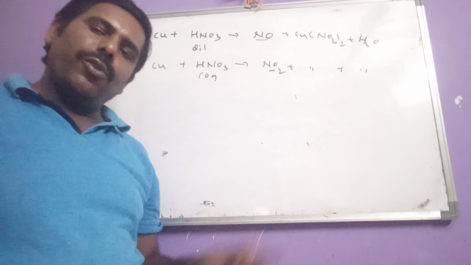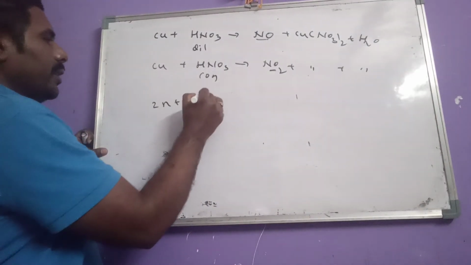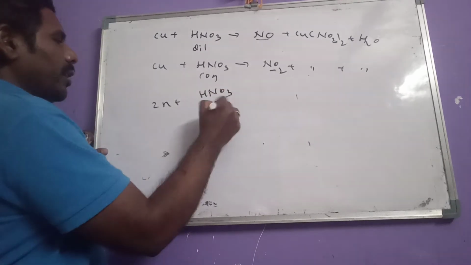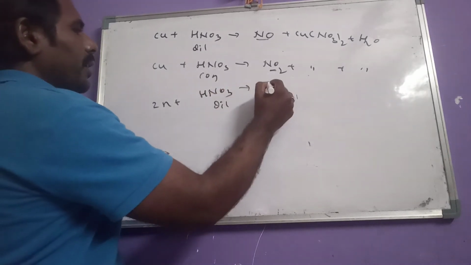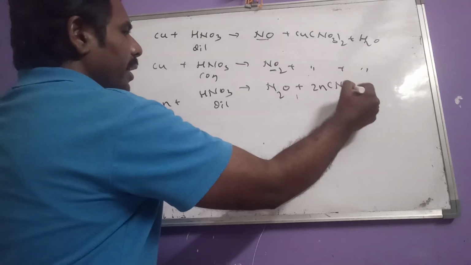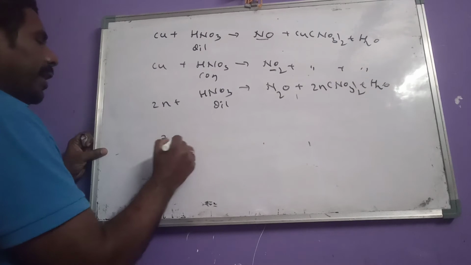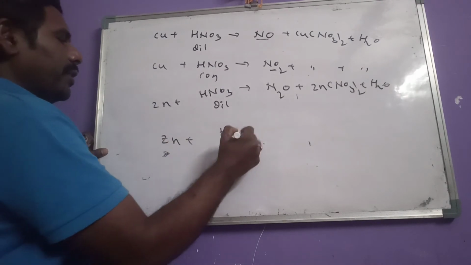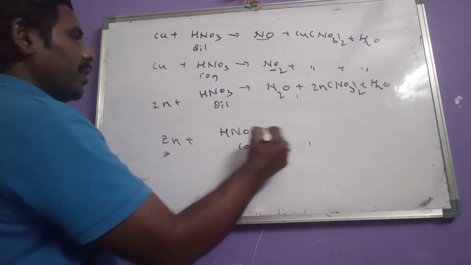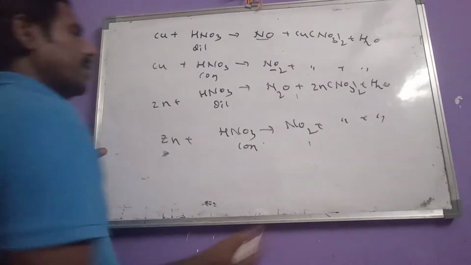Means here NO2. And similarly zinc reacts with dilute HNO3 and what is the product? Means here N2O. The remaining products here zinc nitrate and water. And similarly zinc when treated with concentrated HNO3, again NO2 and remaining products are same.